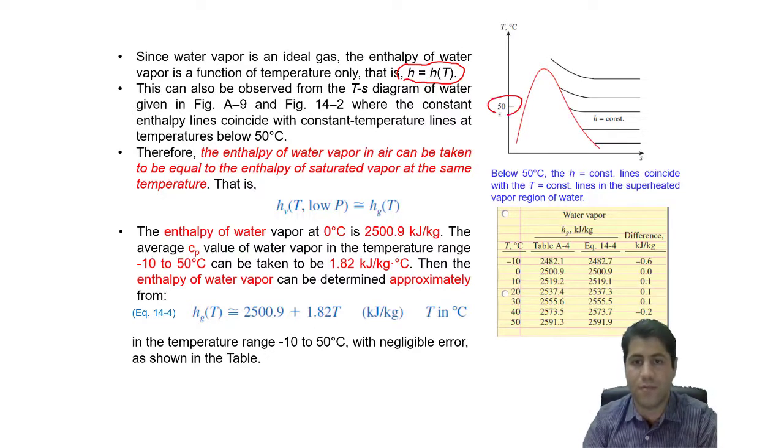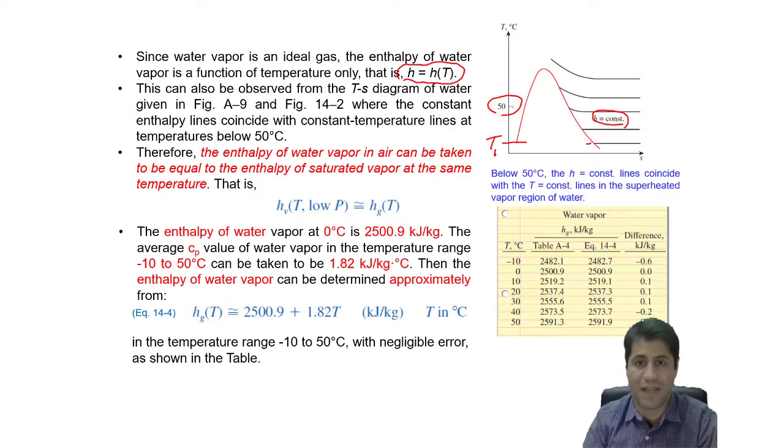But when temperature is less than 50 degrees Celsius, you can see these constant enthalpy lines; higher than 50 degrees Celsius, the constant enthalpy lines are like this. They are not constant temperature lines. But when temperature is less than 50 degrees Celsius, this is constant temperature, T is constant, and also this line is a constant enthalpy line.